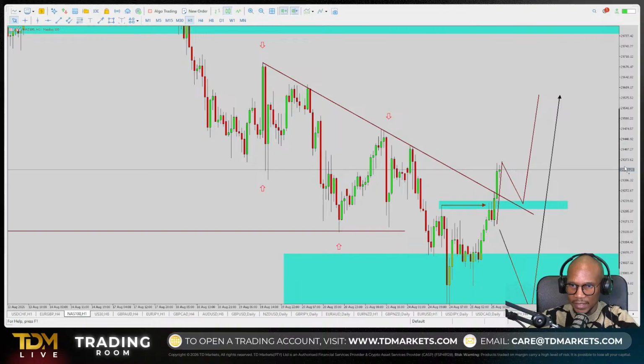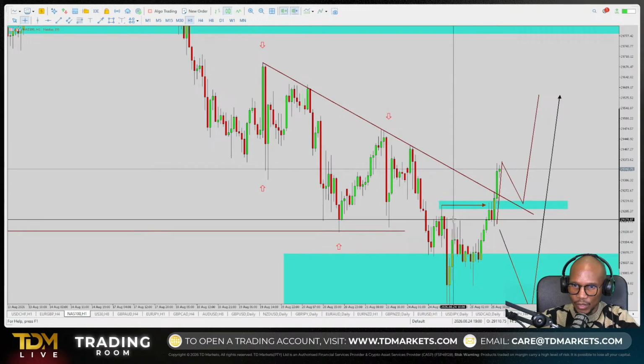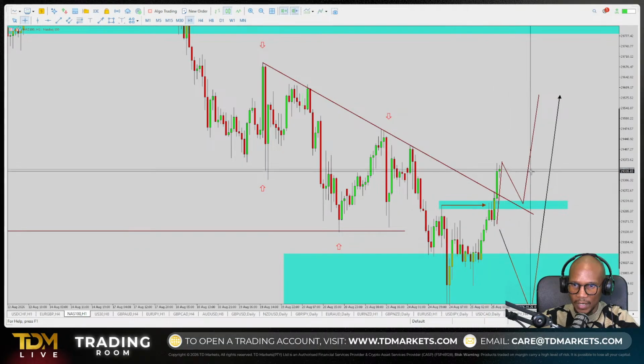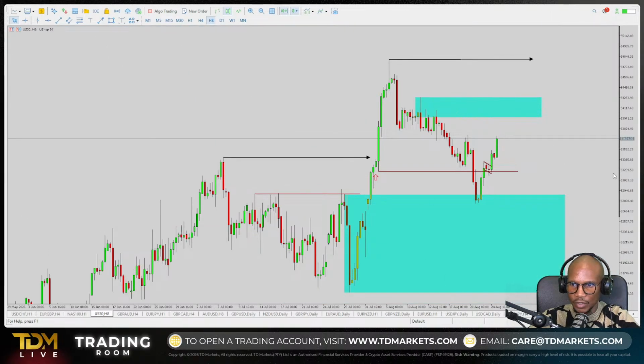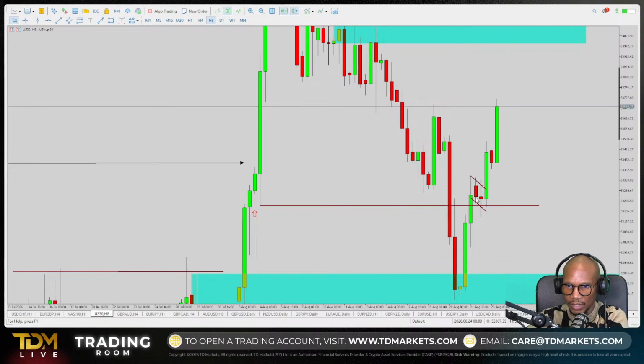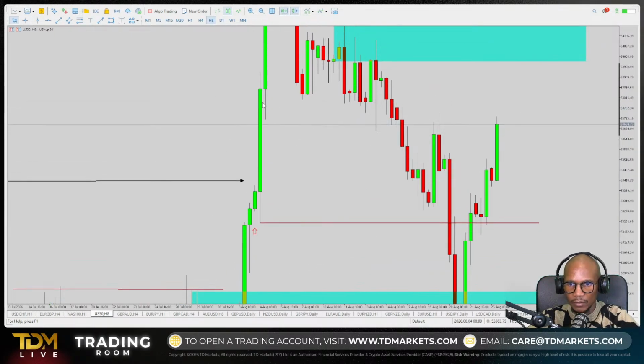Look at what Nasdaq has done. It has broken out. We have shifted the internal structure. As long as we've broken above, I'll be looking for my setups. US30 has also gone towards the upside, so looking for my entry here.